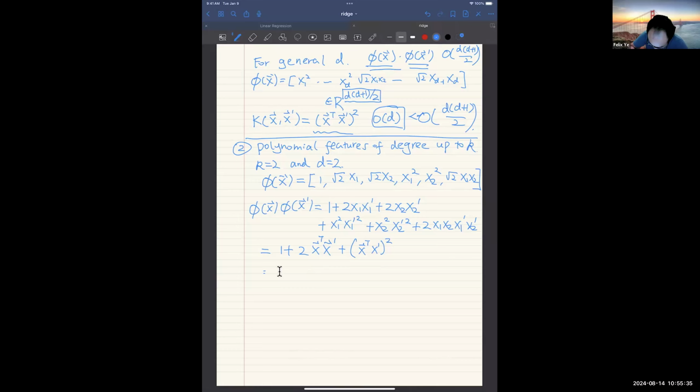Then this becomes (1 plus x transpose x prime) squared, right? So this is the situation for degree up to 2. In fact, this works even for general d here. But think about right here, we have 1, 2, 3, 4, 5, 6, so phi x is in R6.